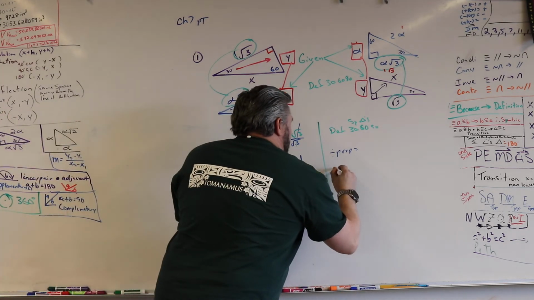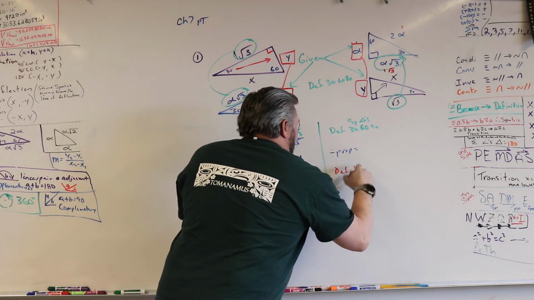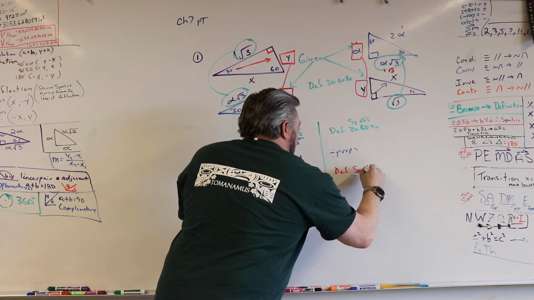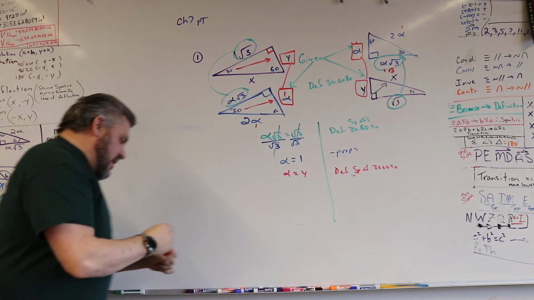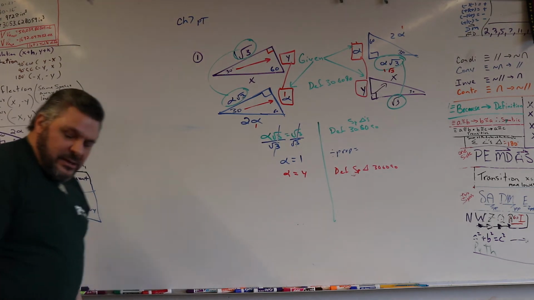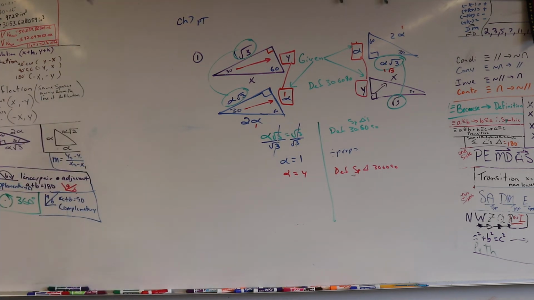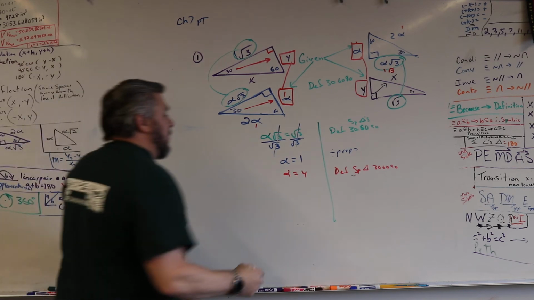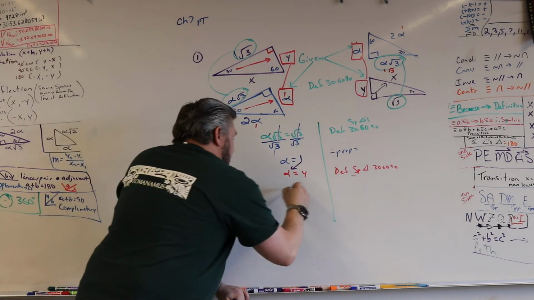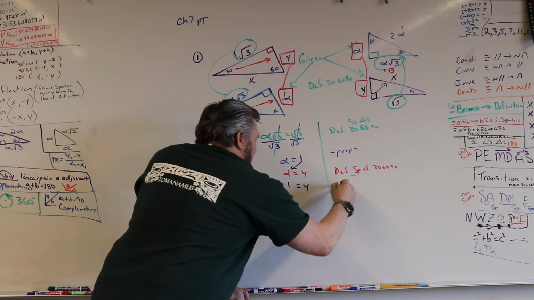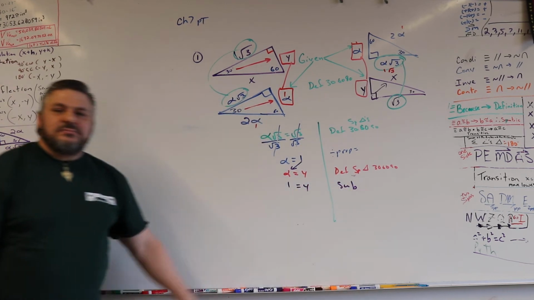Now, that is definition of special triangles. 30, 60, 90. Okay? And then, what am I allowed to do with that? Then I can plug this in, right? And say that 1 is equal to y through substitution.